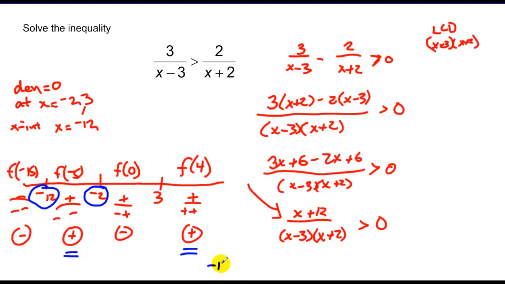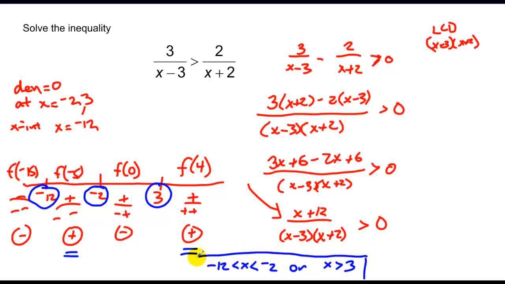So I say negative 12 is less than x, which is less than negative 2. And then I also need the numbers greater than 3. Since I have 2 pieces of my answer that need to be linked, I write or in between, and I'm done.